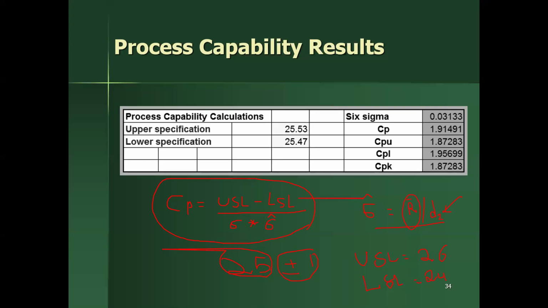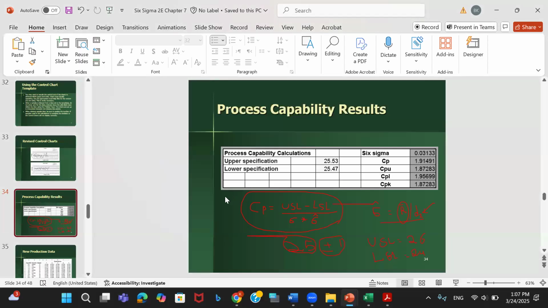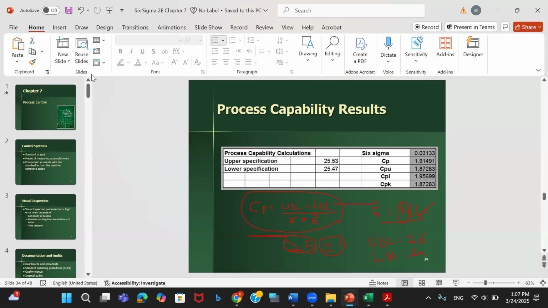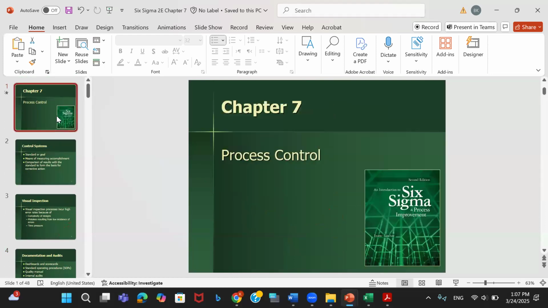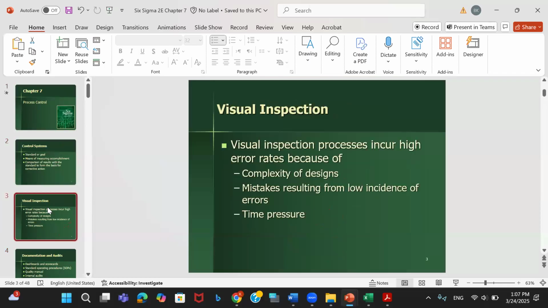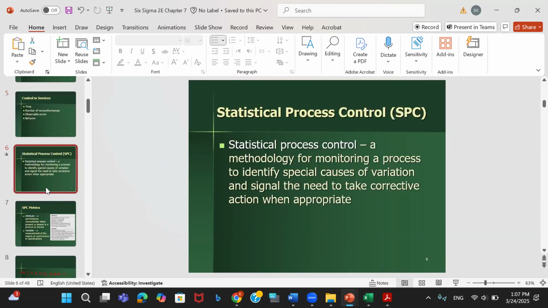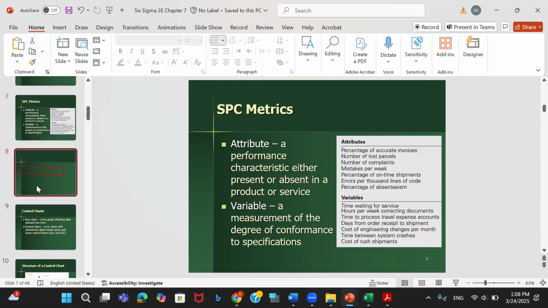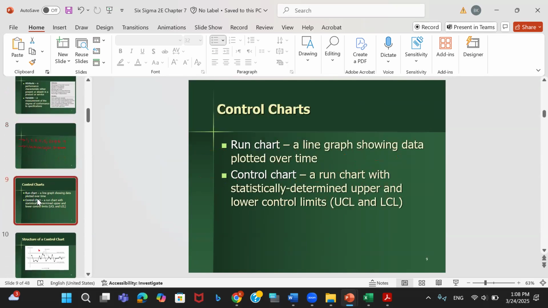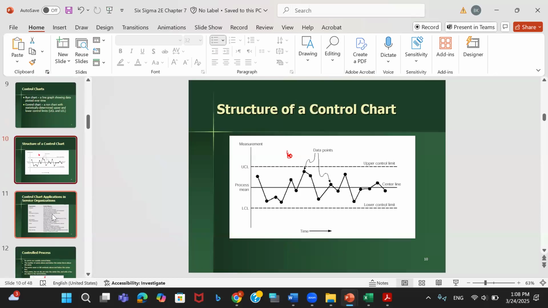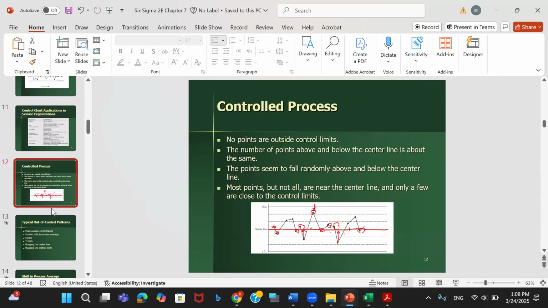We will go over a detailed example, but I want you first to study chapter 7, and after that we will cover more examples, and then we should be able to do the homework and take the quiz for this chapter.